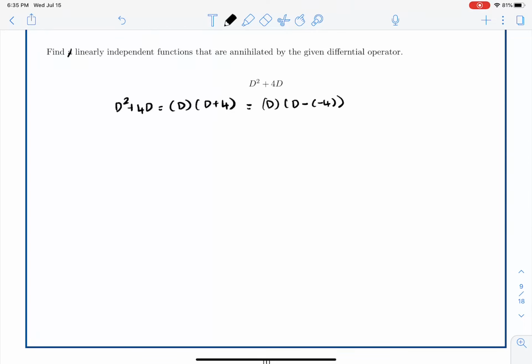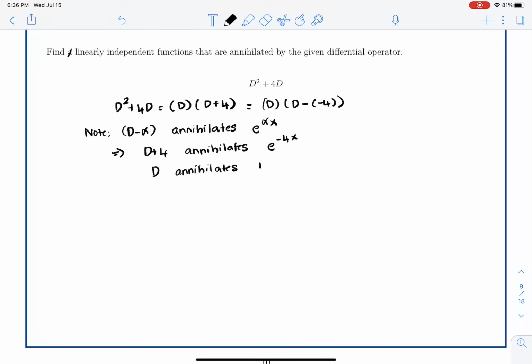If we note D minus alpha annihilates e raised to alpha x, then D plus 4 annihilates e raised to minus 4x, and D annihilates a constant term, I'll just say 1, and that's it.